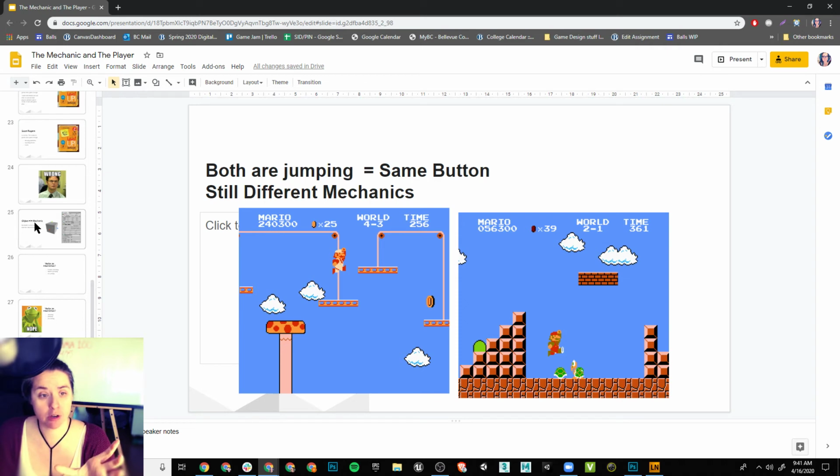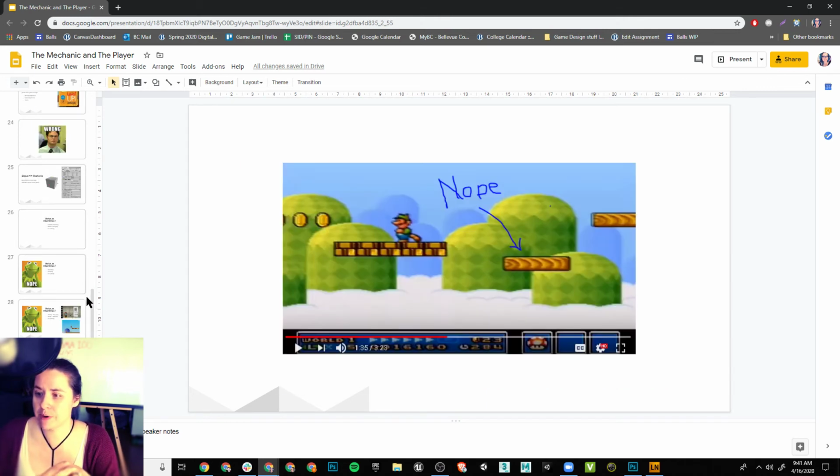Now both are jumping, both are the same button, but they are arguably very different mechanics. And the reason why is that the way you think about approaching this problem of jumping on a platform versus jumping on an enemy are very different. So that actually brings me to what I feel is a closer definition to a mechanic.